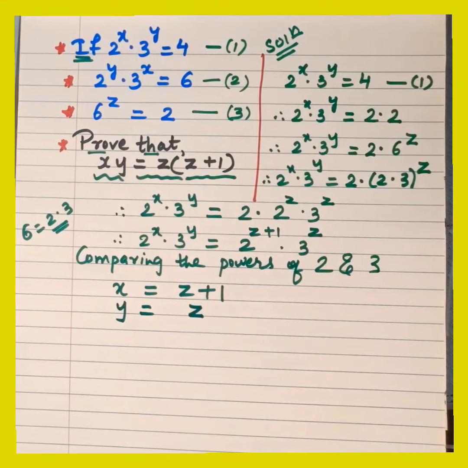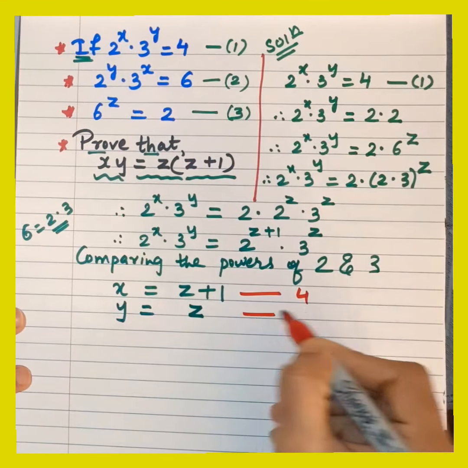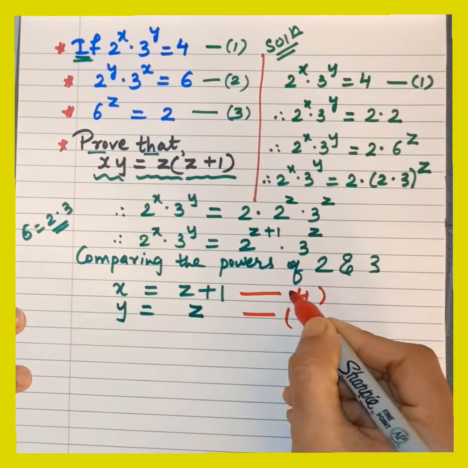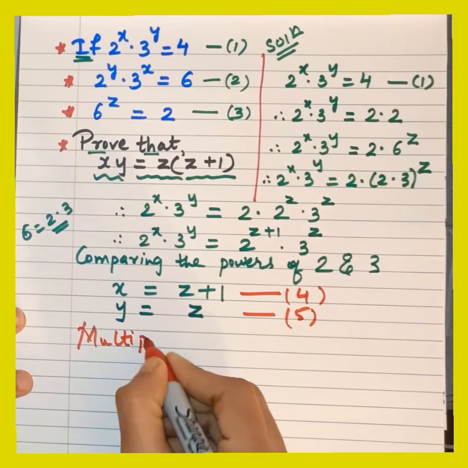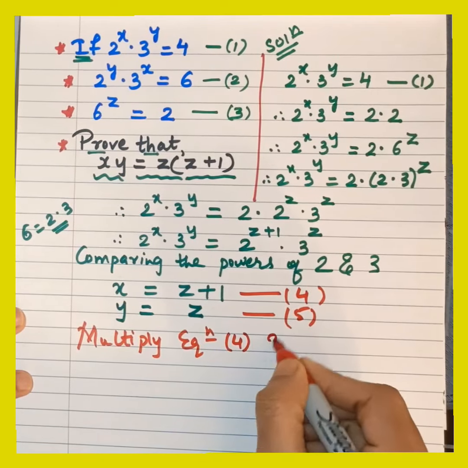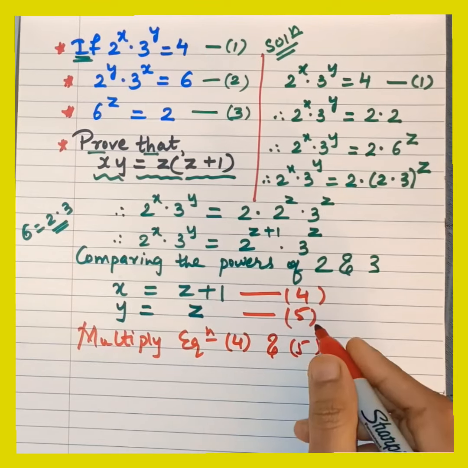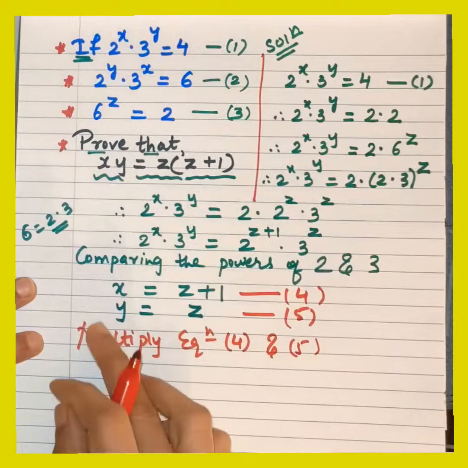Now this is our fourth and fifth equation. This is our fourth equation and this is our fifth equation. Now what we will do, multiply equations 4 and 5. Now both equations we will multiply, so the LHS part we will multiply and the RHS part we will multiply.